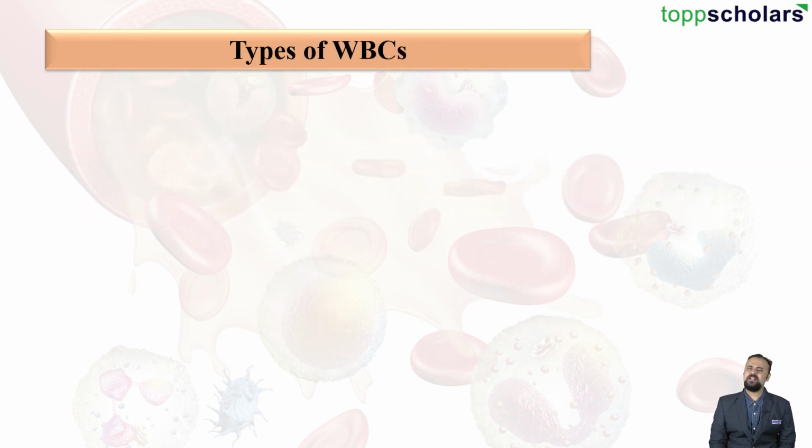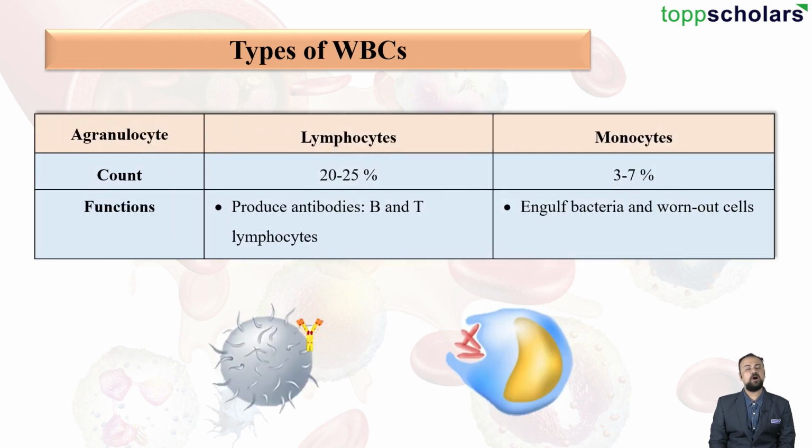Next, students, let us see some more features of lymphocytes and monocytes. Lymphocytes are 20 to 25% in number of the total WBCs, whereas monocytes are only 3 to 7%. Lymphocytes are considered to be the chief cells of the immune system because they produce antibodies.